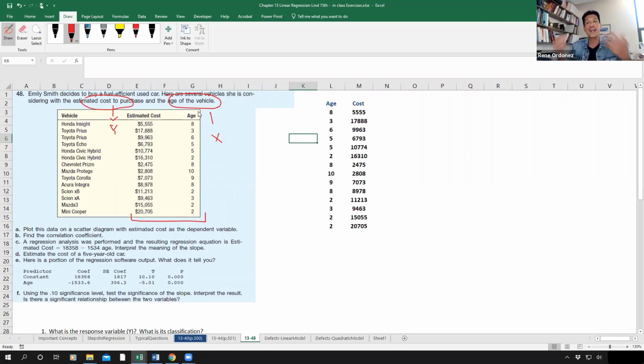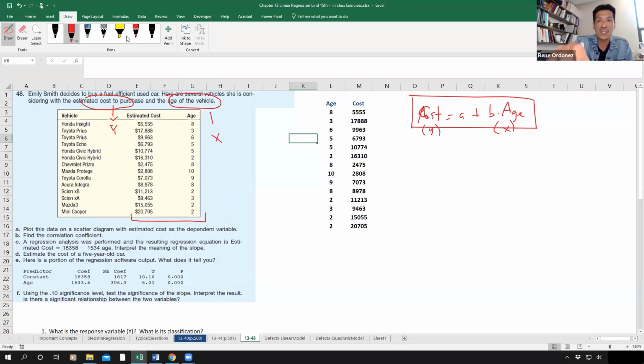If in the end we develop a linear model, it might say the cost of the car, which is y, is equal to a plus b times the age of the car, the predictor variable. We will develop a linear model that allows us to compute the y-intercept as well as the slope of this linear model.